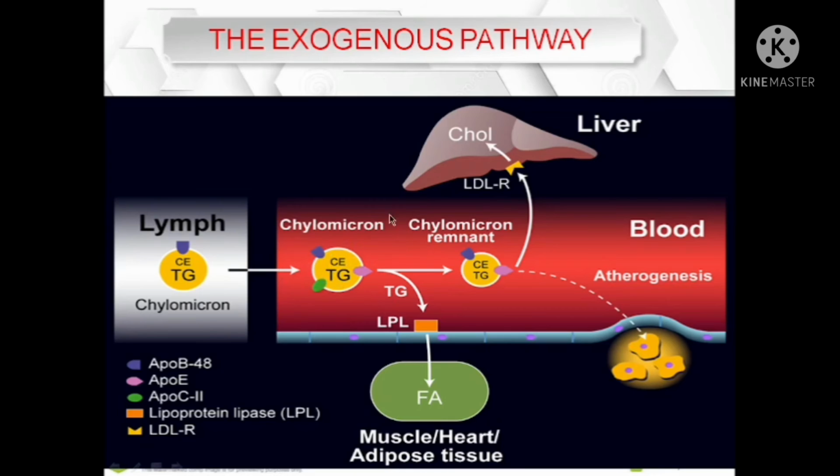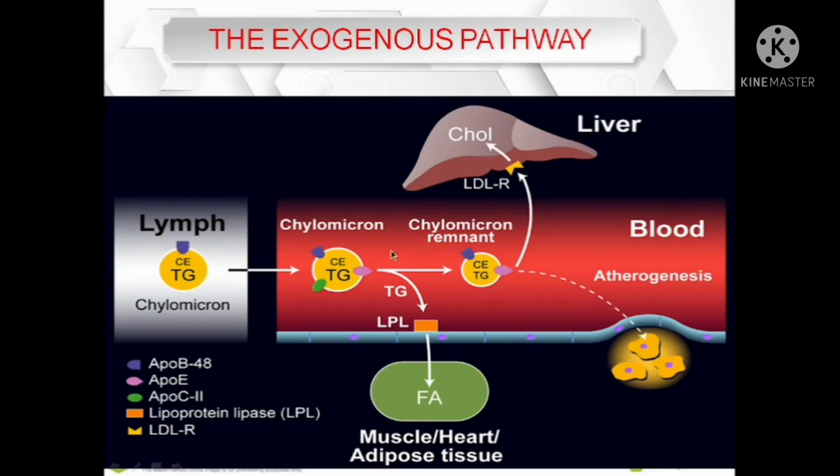So which particle will esterify? There we go back to my introductory video where I said we have an enzyme we call LCAT, lecithin cholesterol acyltransferase. So this tissue free cholesterol is esterified by lecithin cholesterol acyltransferase.